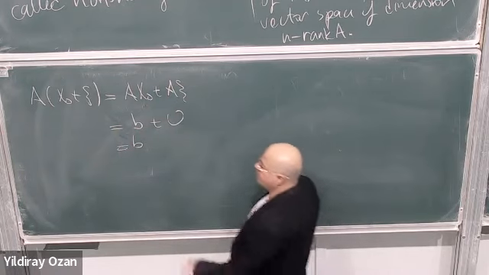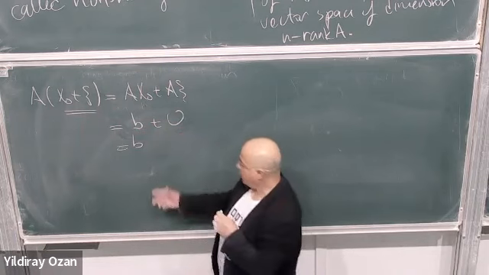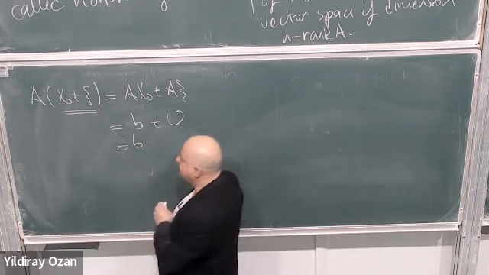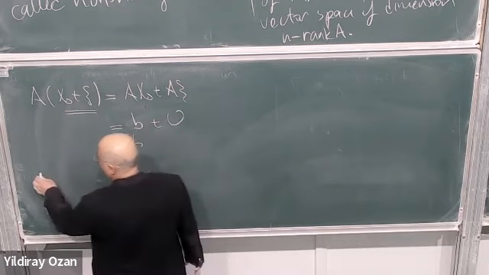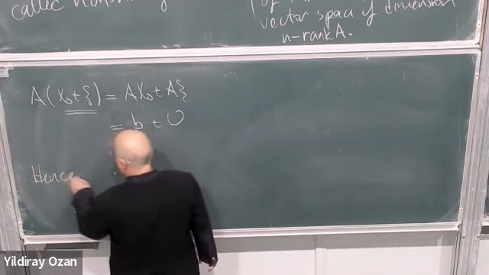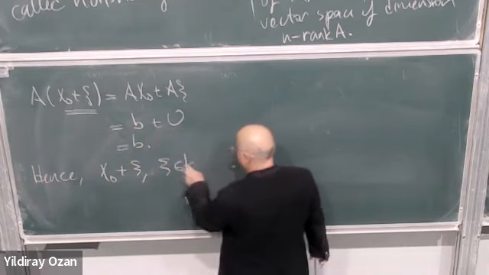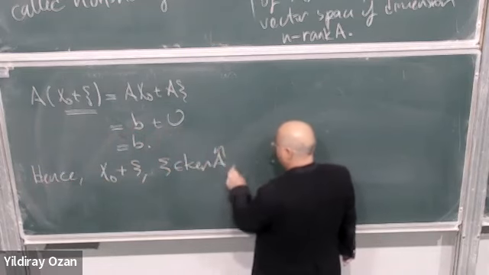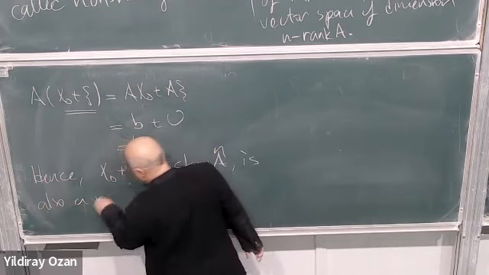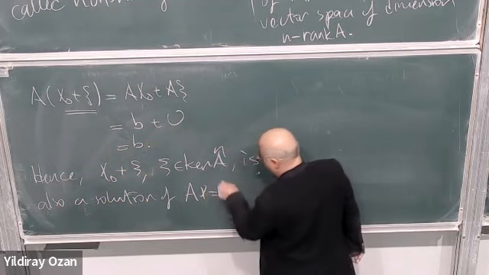So what we see is that this vector is also a solution of Ax equals b. Hence, x0 plus c, where c is in the kernel of A, is also a solution of Ax equals b.